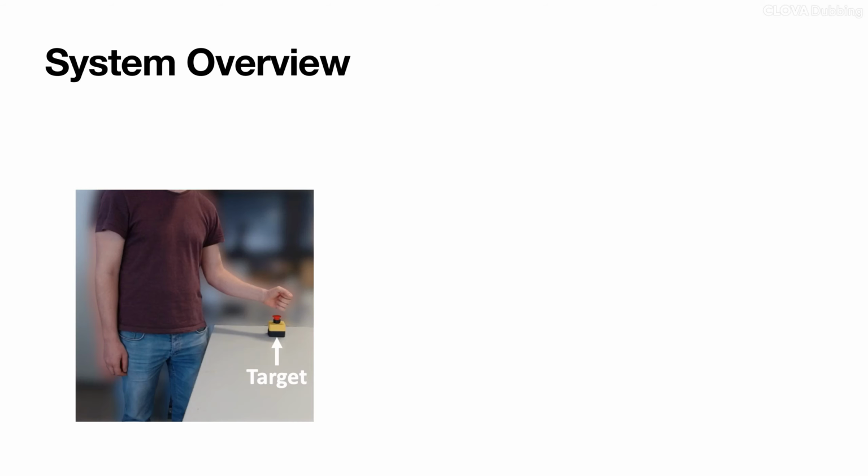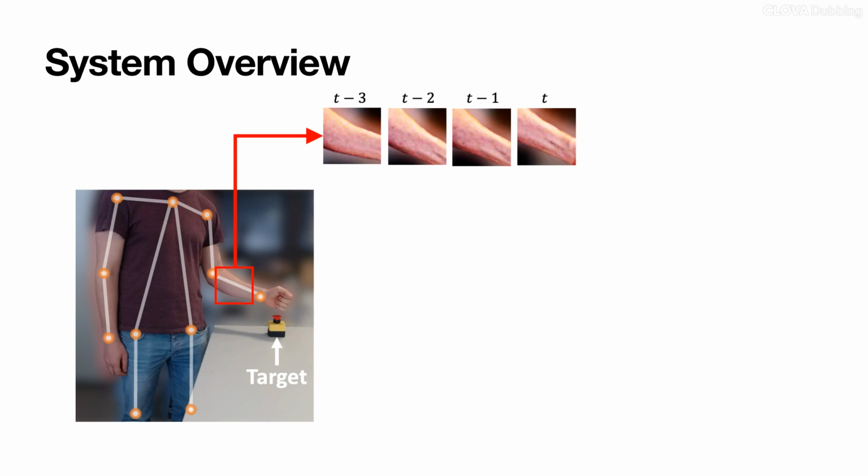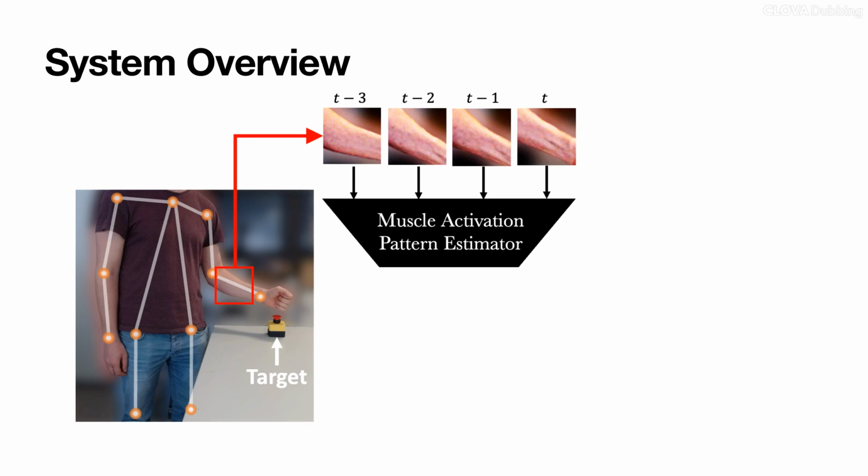Our main task is pushing an emergency button that requires enough force to be successfully pressed. First, our vision-based tele-impedance system estimates the human pose. Based on the estimated pose, an image patch is cropped near the target muscle region. After collecting a set of target muscle image patches, it is used as an input for the muscle activation pattern estimator.